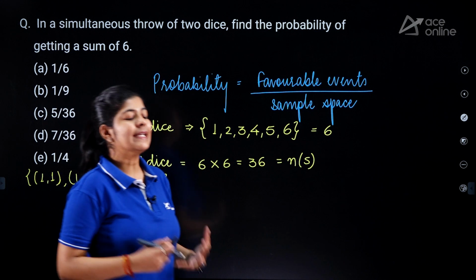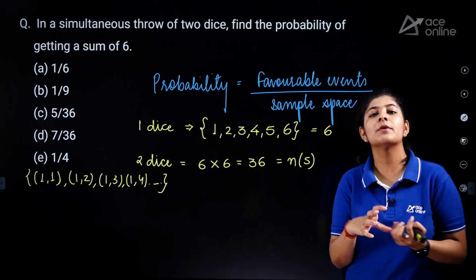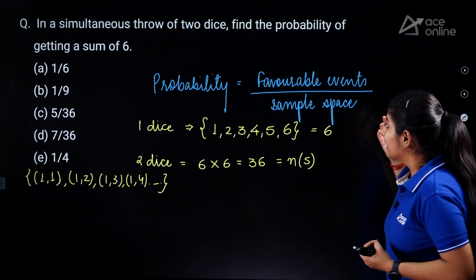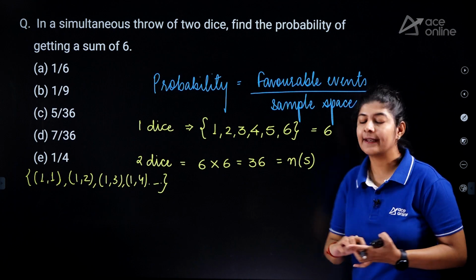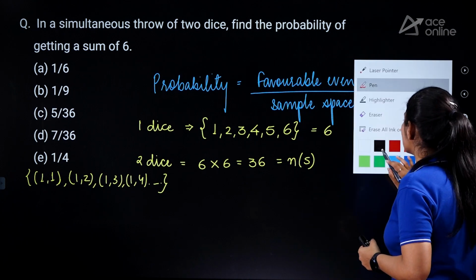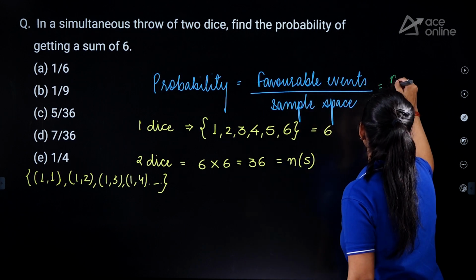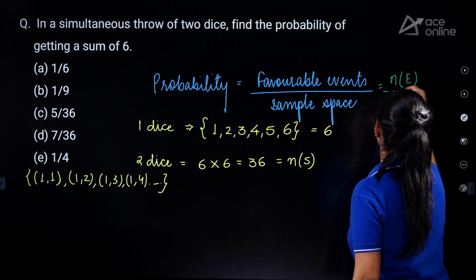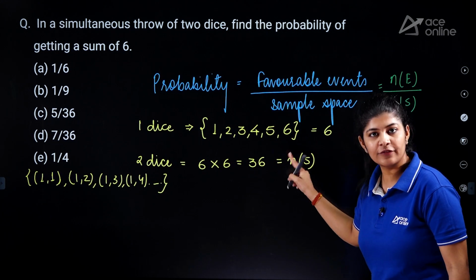But our main task is to find the favorable events or the probability of the events in which we are getting sum equal to 6, right? Okay. So if I talk about my favorable event, for this I'm going to write NE, and for the sample space I'm going to use NS, right? So we are having a value of NS.